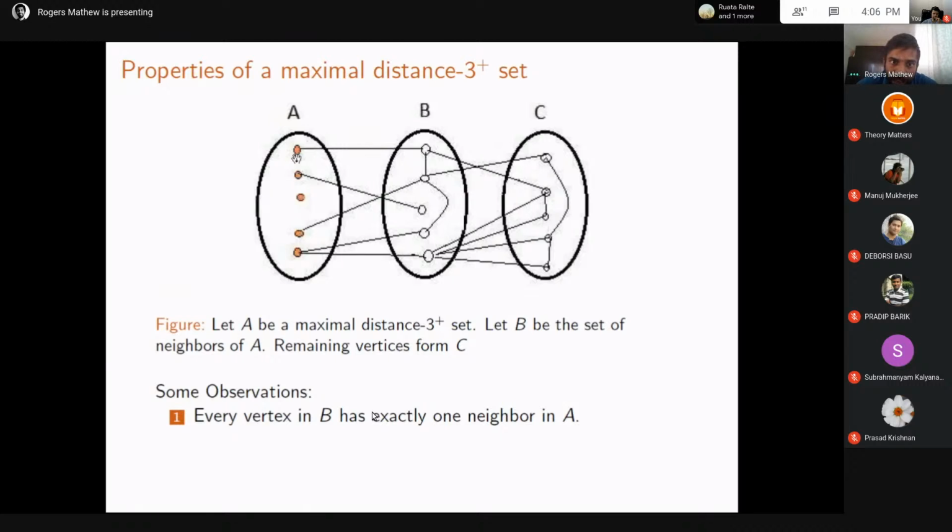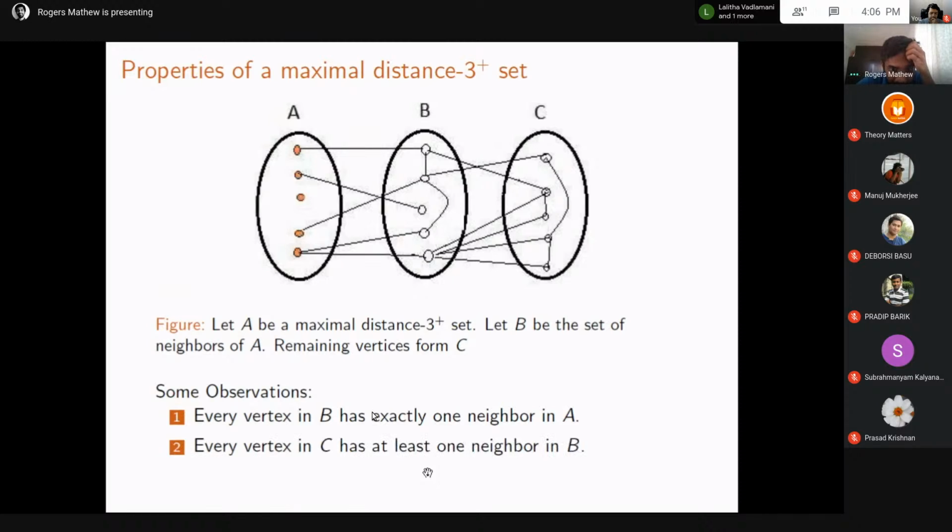So suppose this vertex in B had 2 red neighbors. That means those 2 red vertices are at a distance of at most 2 from each other, which contradicts the fact that A is a distance 3 plus set, right? Because any 2 red vertices have to be at a distance of at least 3 from each other. So that's the first property.